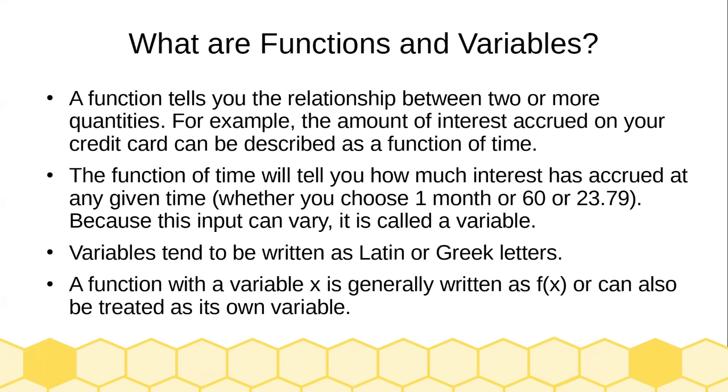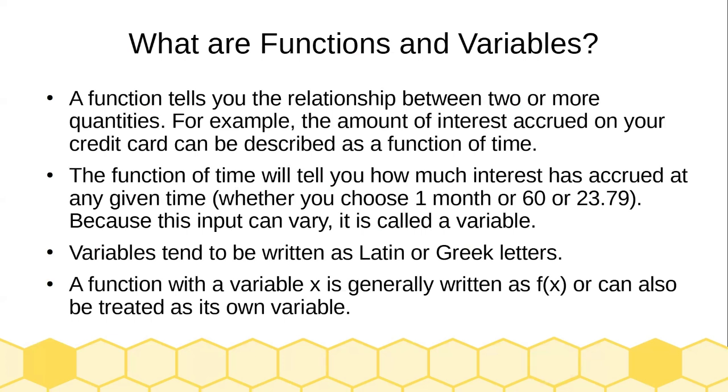And it's called a variable because the input can vary. It can be 1 year out, it can be 5 years out, it can be 100 years out, it can be any number, and then the function is going to tell you some information about how what you're looking at relates to this other thing that you're looking at.